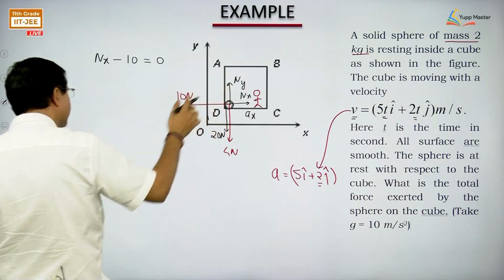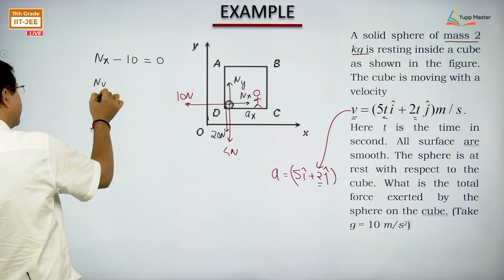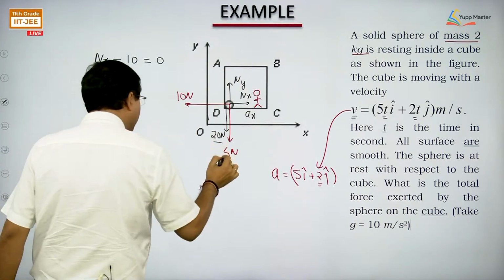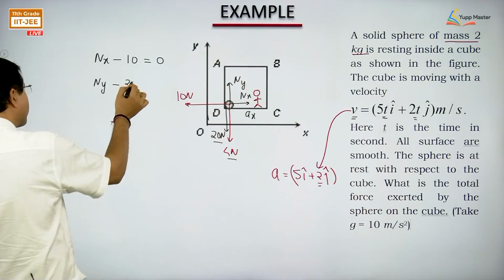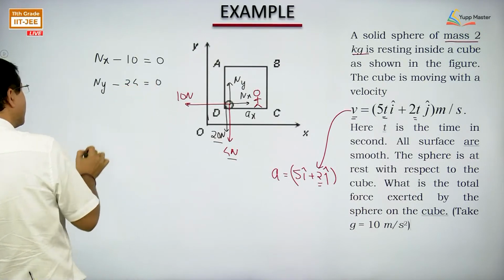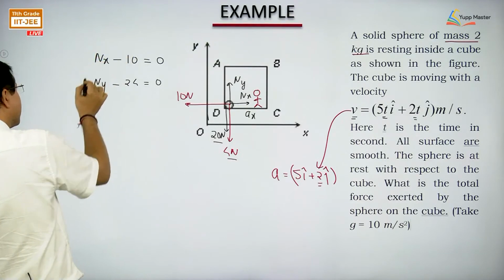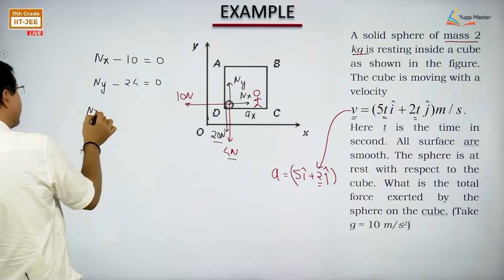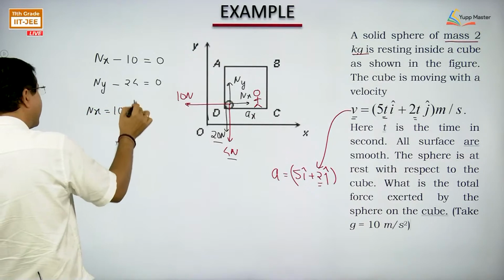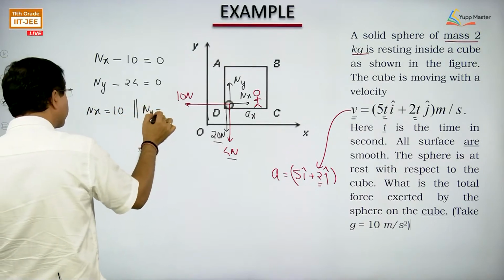In y direction, Ny minus 20 plus 4, that is 24. So from here we have the values of Nx and Ny. Nx is coming 10 and Ny is coming 24.